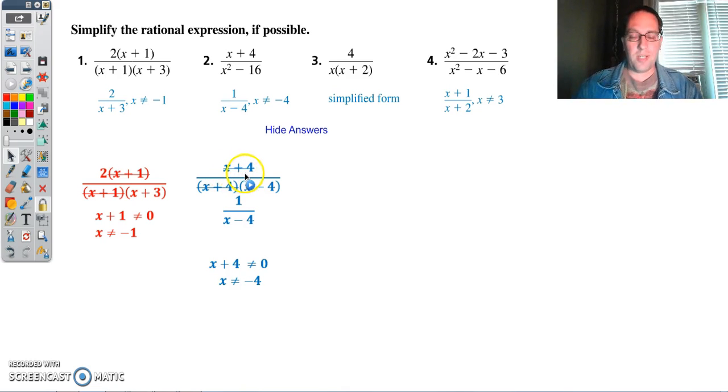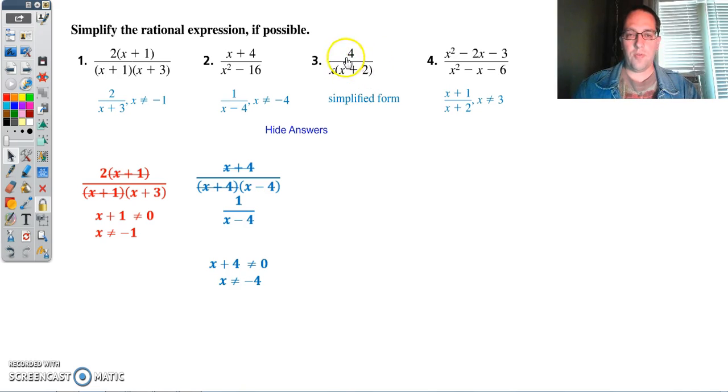Basically what we're doing is dividing by x plus 4, numerator and denominator, and x plus 4 divided by x plus 4 is 1. Anything divided by itself is 1. So that's why you have 1 over x minus 4. Now, we did take out the x plus 4, so we've got to take care of this not equaling 0. That equals 0 when x is -4, so x can't equal -4.